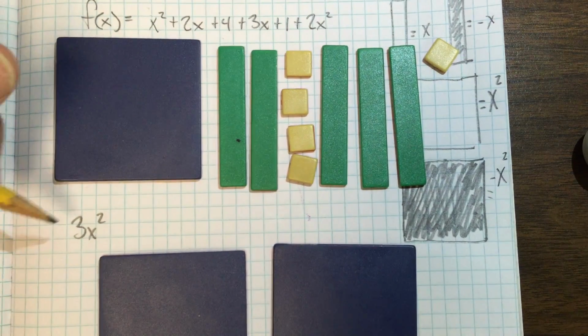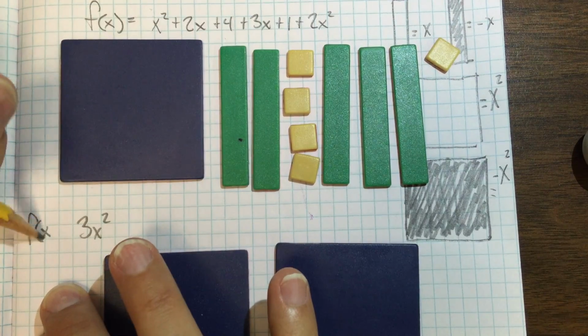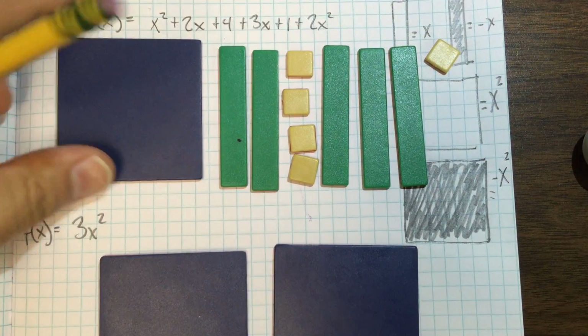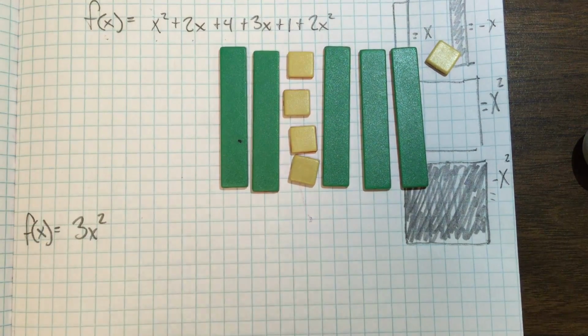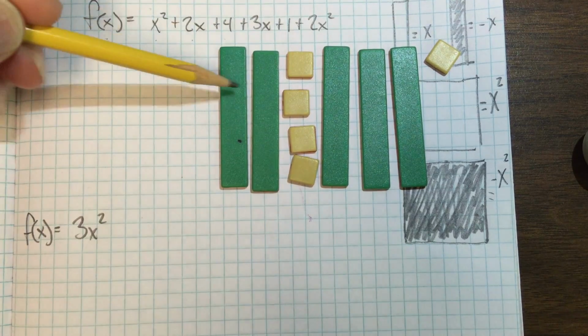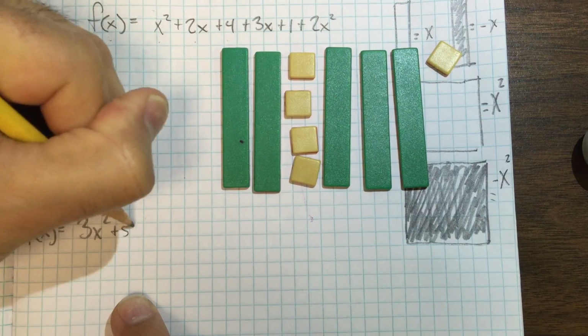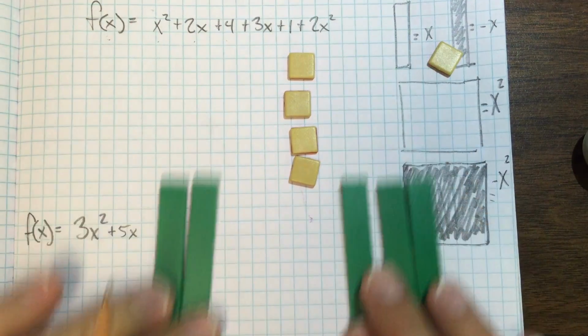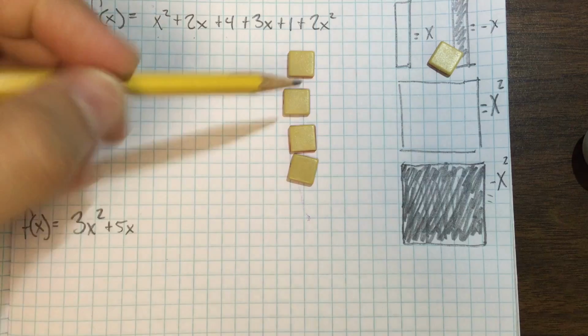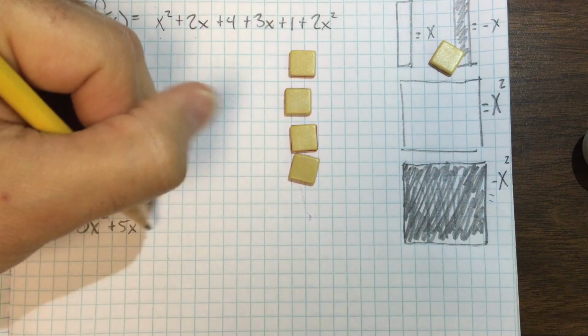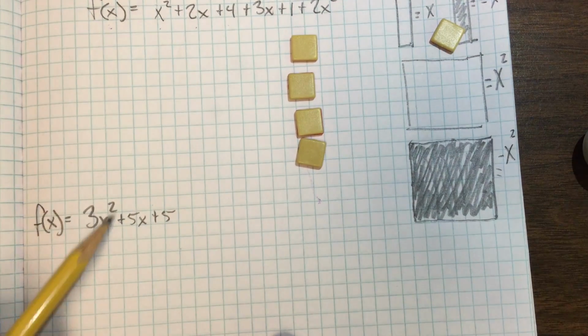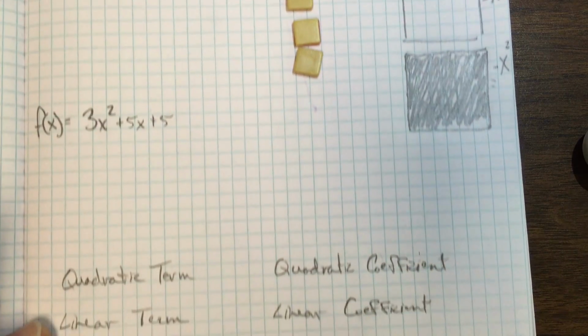And let me write in my f of x, because this is an equation. So 3x squared, those are done. I'm going to move those out of the way so I don't recount them accidentally. 1, 2, 3, 4, 5. These are all positive, so it would be positive 5x. Move all of these out of the way. 1, 2, 3, 4, 5. Positive 5. So that's 3x squared plus 5x plus 5.